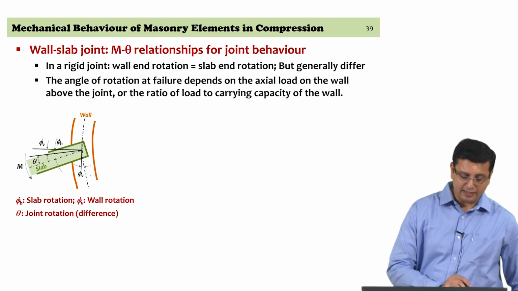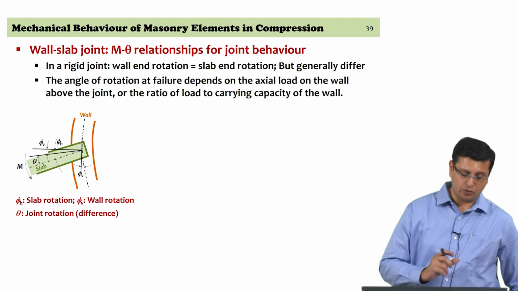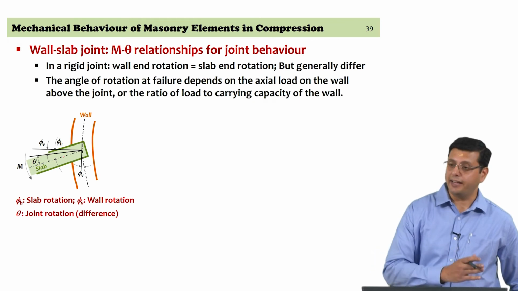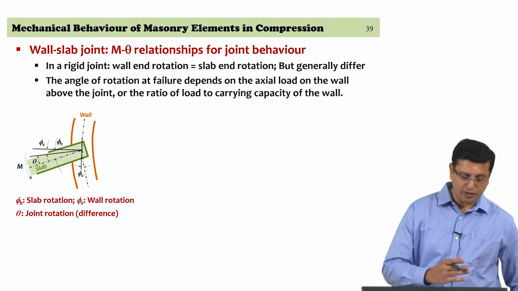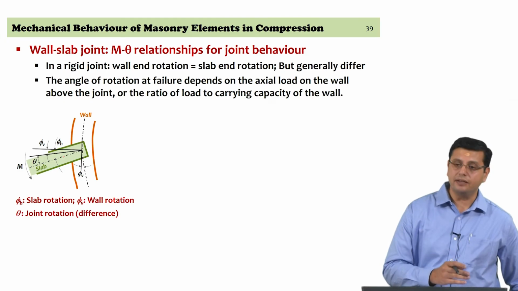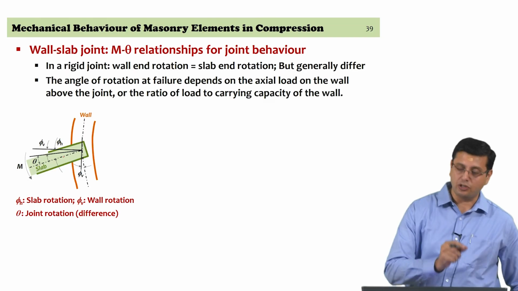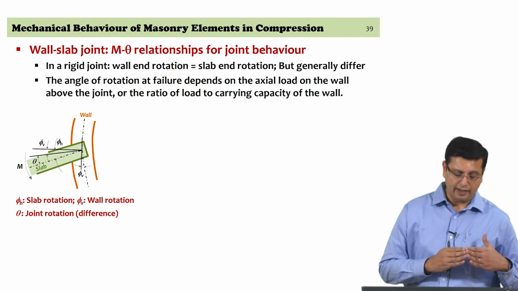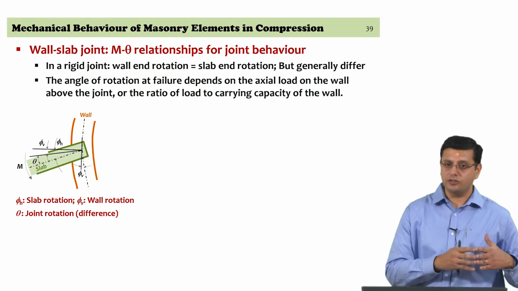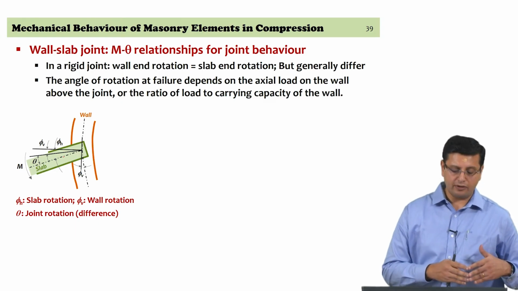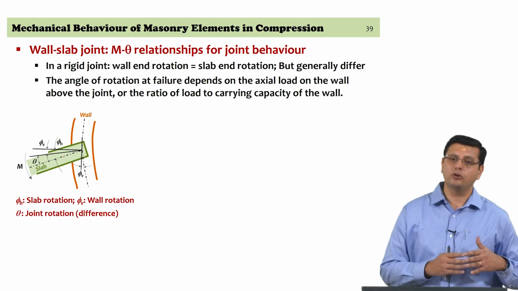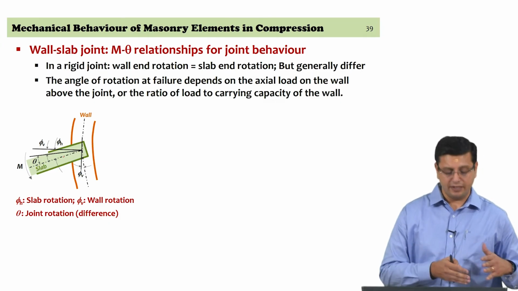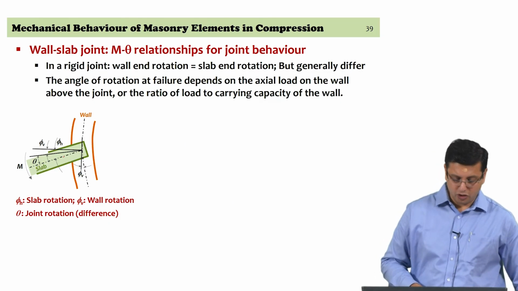The slab itself undergoes a rotation phi h. Now, the difference between phi h and phi v is really the rotation of the joint itself. So, there is an estimate of the joint rotation that is dependent on how much the slab is rotating and how much the wall is rotating, and the difference is going to give you the joint rotation.